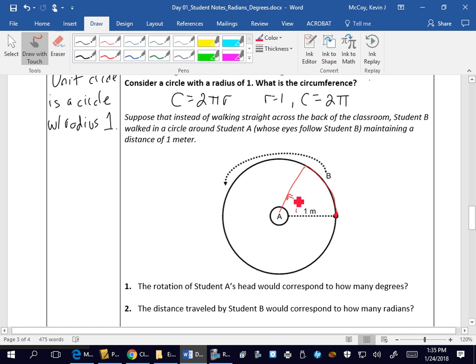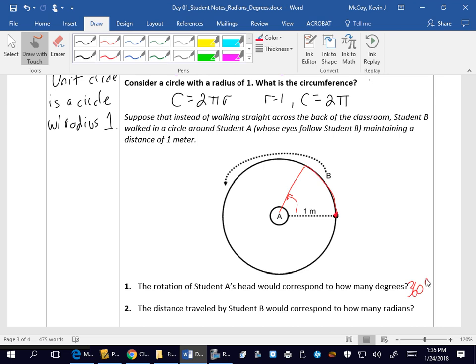Okay, now how does all this stuff relate, and why did I give you this whole circumference equals 2 pi thing? What does all that stuff mean? Well, if the person walked completely around the circle, starting from where I put the dot all the way back around to the dot, the rotation that student A's head would have to move is 360 degrees, because it would have to rotate the entire circle.